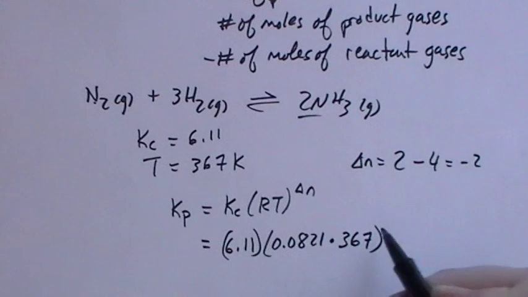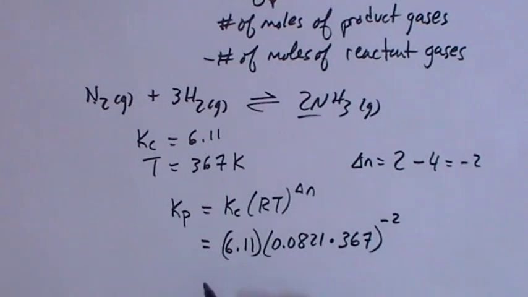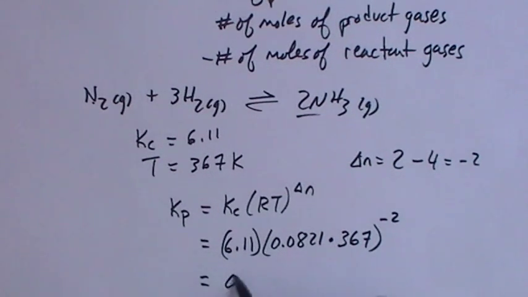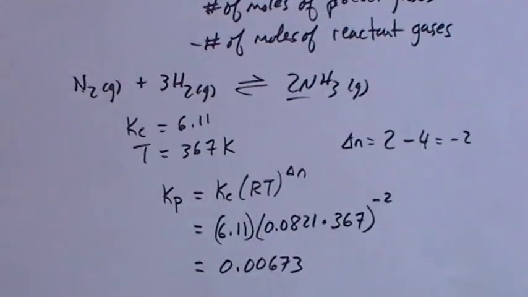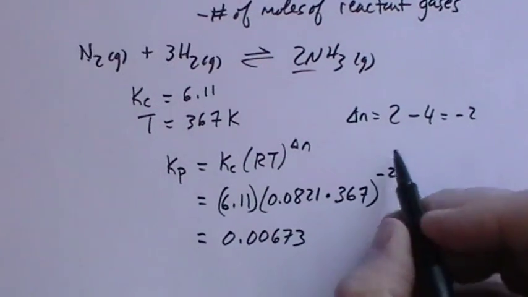So it's negative 2. And then we solve from there, and I came up with 0.00673. I'm going to redo it here. Yep, came up with the same thing. There you go. So it's important that you get this 2 minus 4.